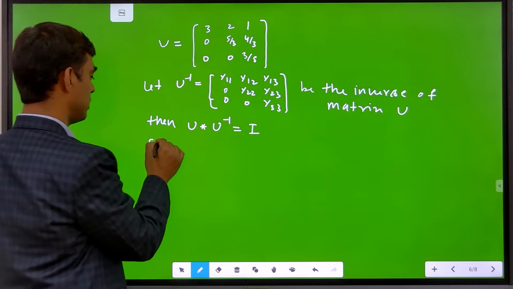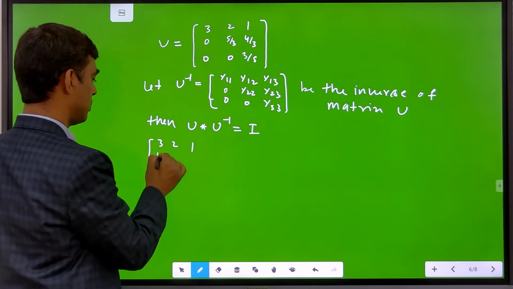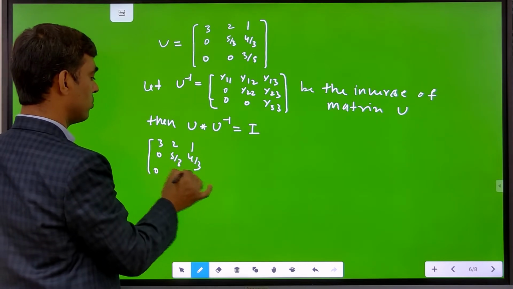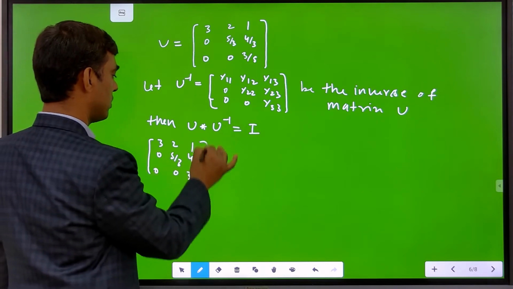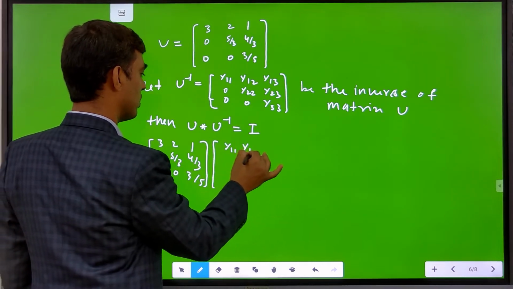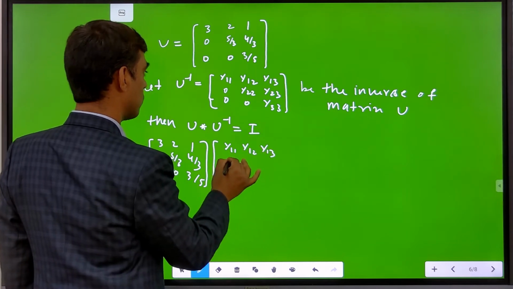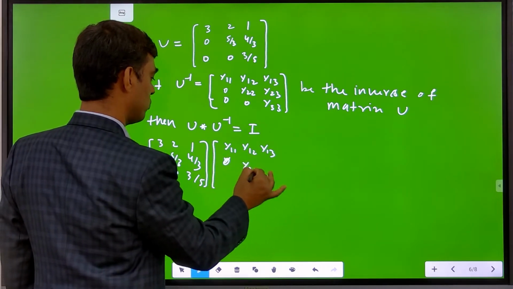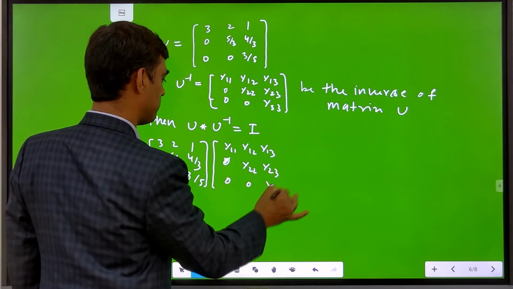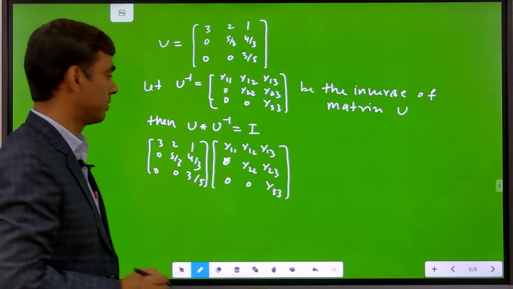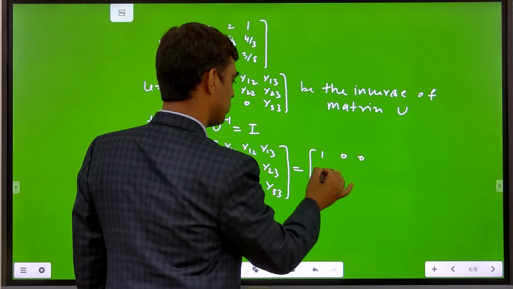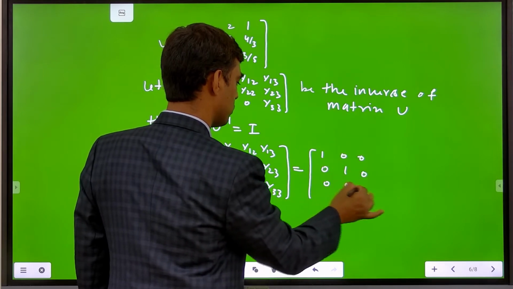Identity matrix. So here we write U, which is 3 2 1, 0 5/3 4/3, 0 0 3/5, and U inverse with y11, y12, y13, 0, y22, y23, 0, 0, y33. Now this equals the identity matrix 1 0 0, 0 1 0, 0 0 1.